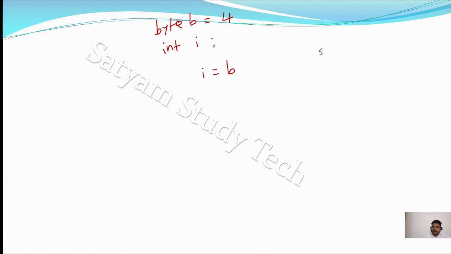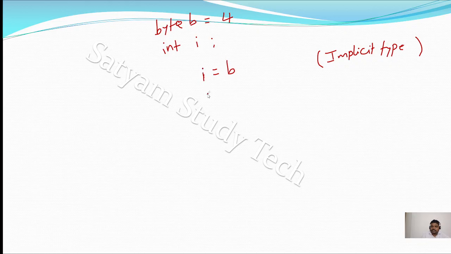It is called implicit type conversion. Why implicit? The compiler will convert it, so the byte type is converted into integer type implicitly. The Java compiler will convert that byte data type into int data type implicitly.